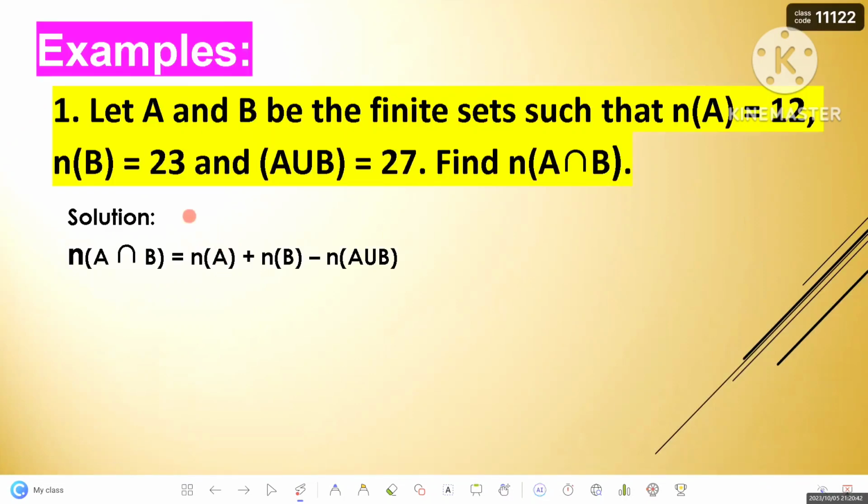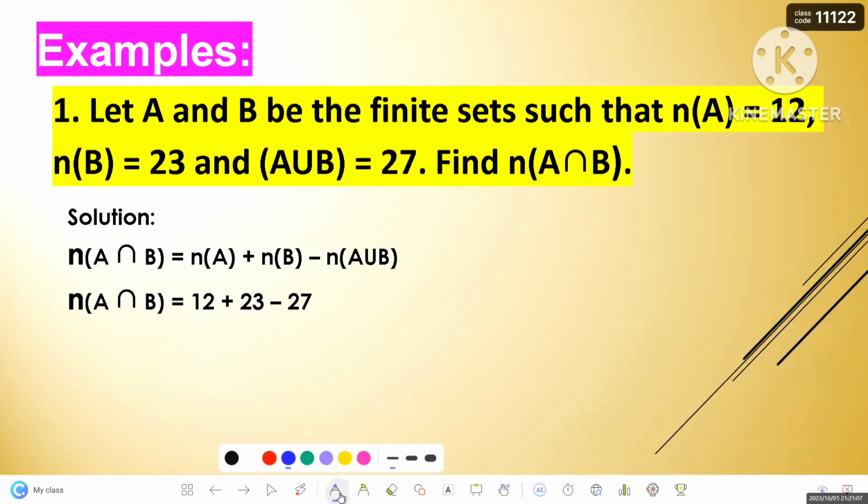Suppose we have this solution. Cardinality A intersection B is equal to cardinality A plus cardinality B minus cardinality A union B. Again, we have to substitute. Cardinality A intersection B equals our cardinality A, yan, highlight natin, and this is our cardinality B, and A union B, this one.